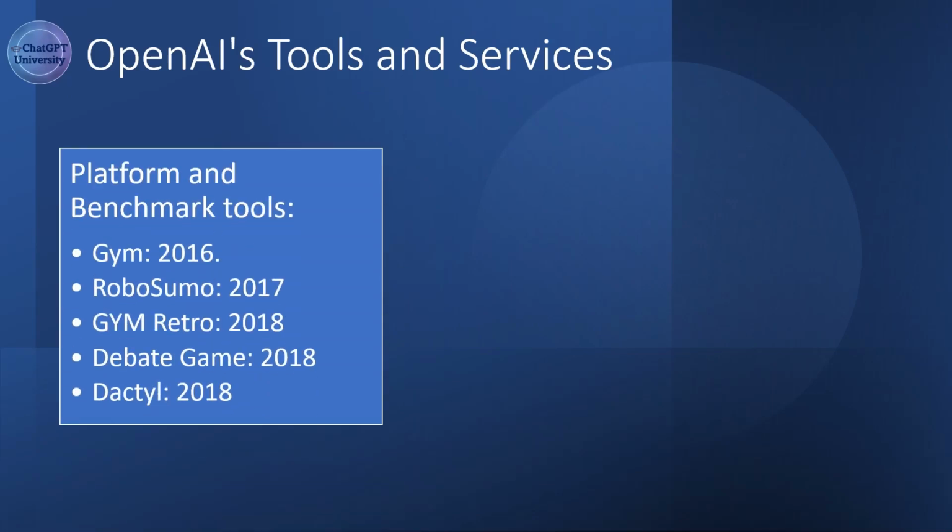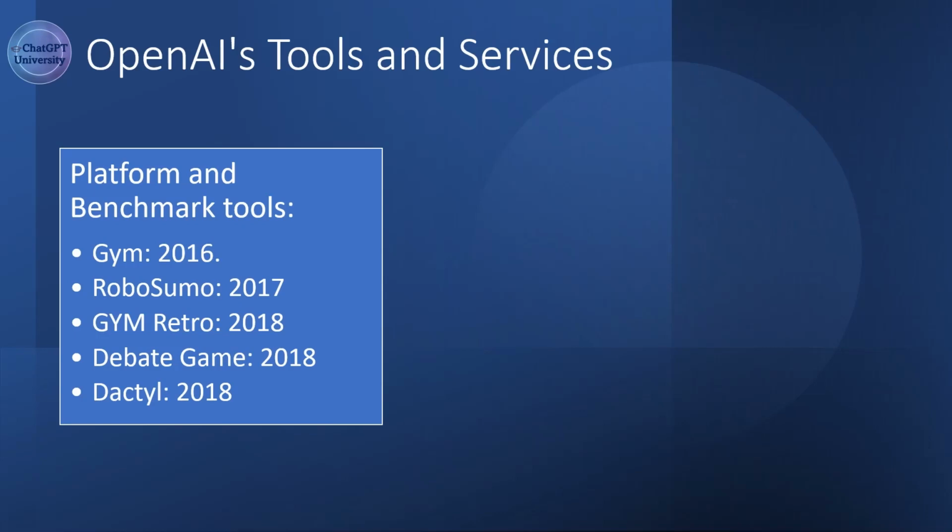There are additional tools and services that OpenAI has released and researches. On the platform and benchmark tools announced in 2016, Gym is an AI platform that provides a suite of tools and environments for researchers to develop and test AI algorithms.